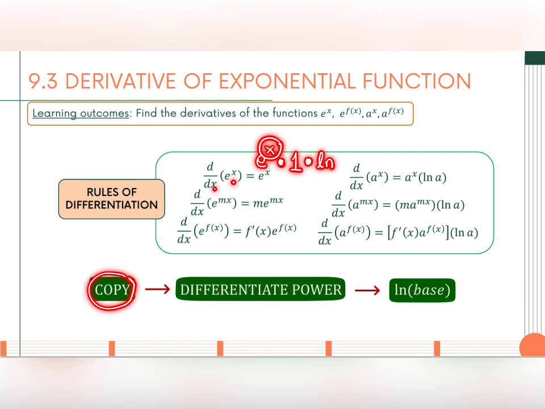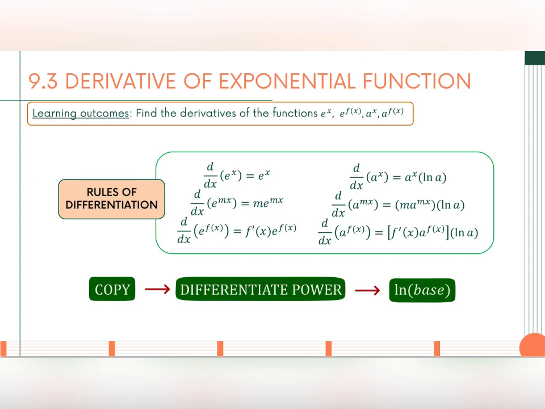Ln base kita apa? e. We know that ln e is equal to 1. So perhatikan dekat sini, kita ada e to the power of x darab dengan 1 darab dengan 1. End up dengan kita akan dapat e to the power of x directly.